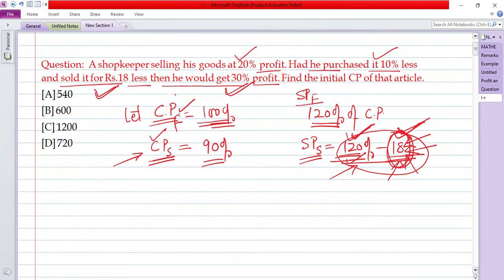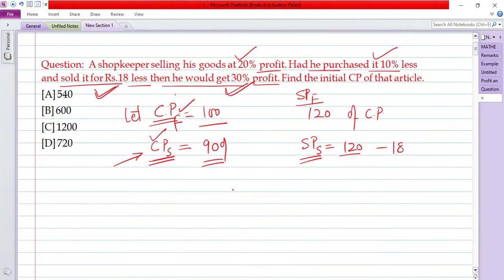So what we do, we convert this 120% into a number. For that, we assume the first cost price to be 100x.